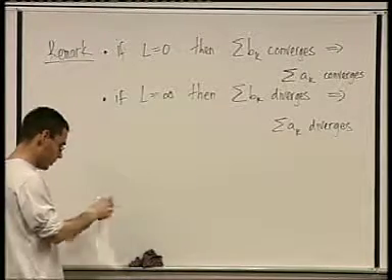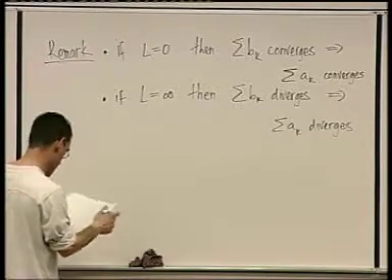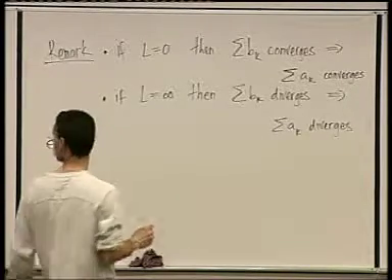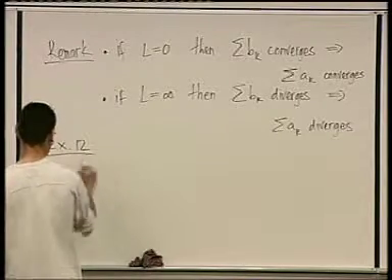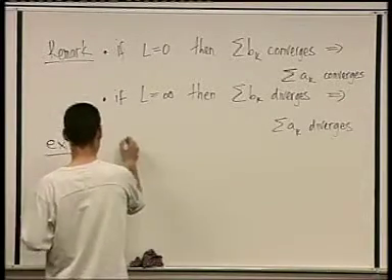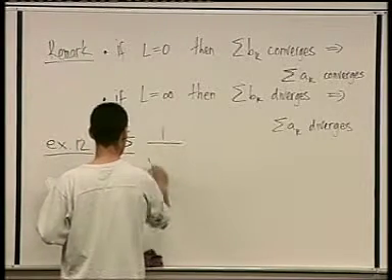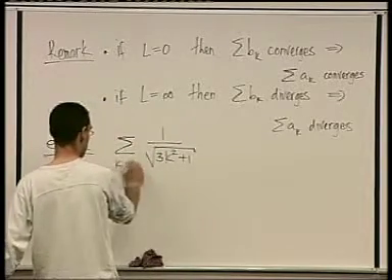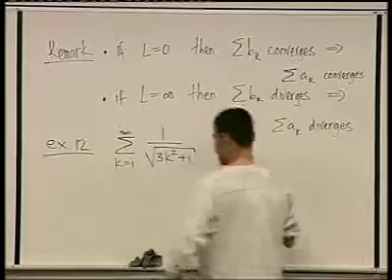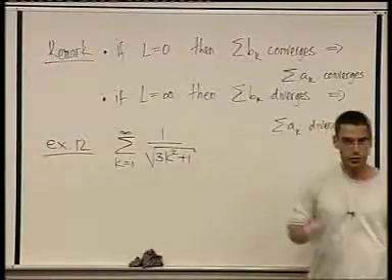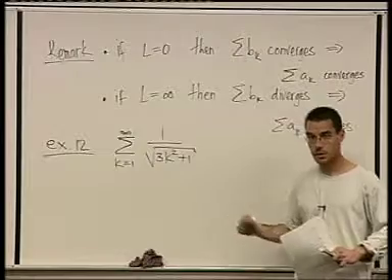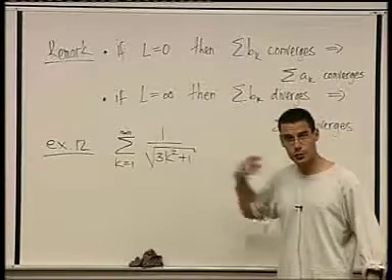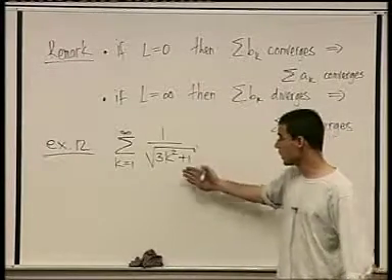Okay, so let's do some examples. Example number 12, I guess. Sigma 1 over root of 3k squared plus 1. So before I try using theorems on it, whatever convergence tests, let's try to intuitively understand what's going on.